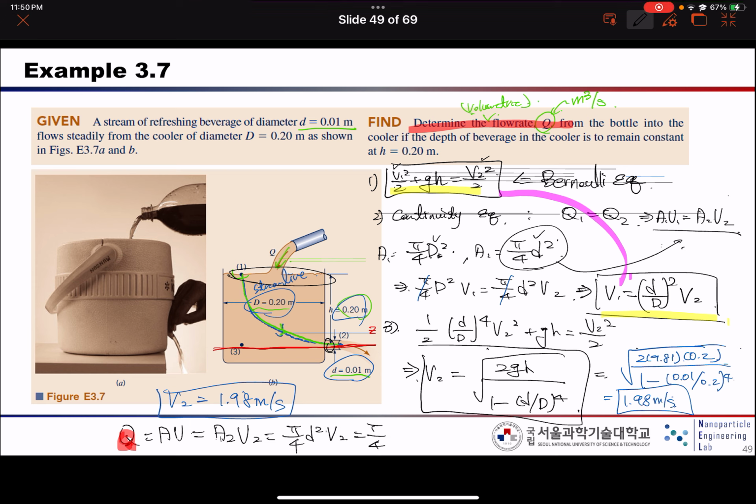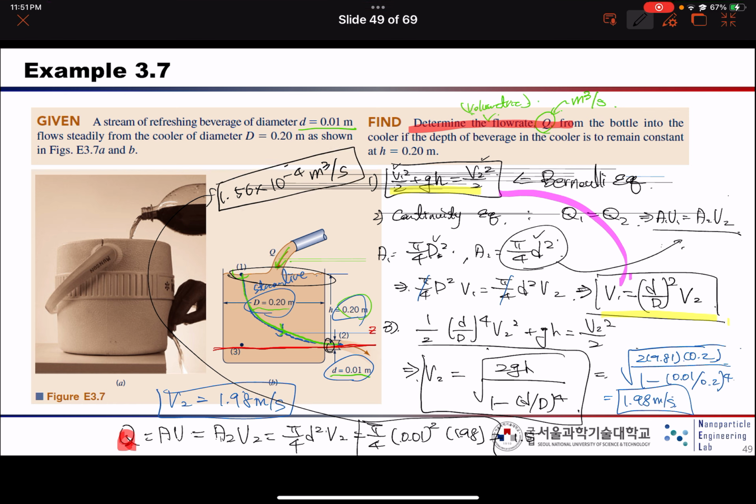So if you plug in, and like this, so this will be our answer. So this result should be 1.56 times 10 to the minus 4 cubic meters per second. So this is the answer for the Q.